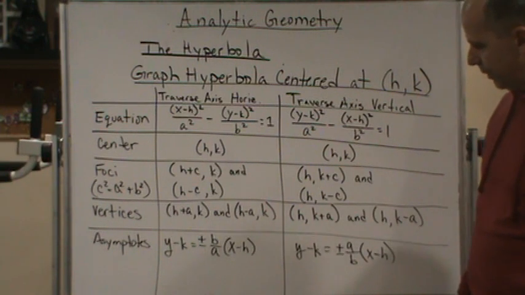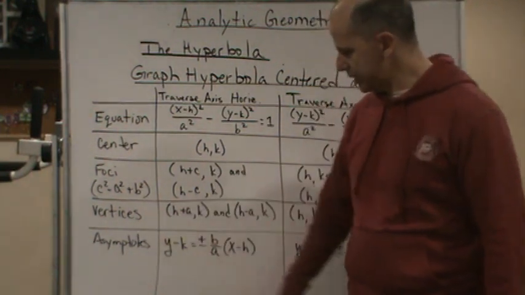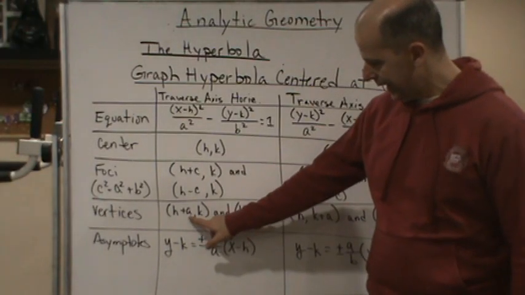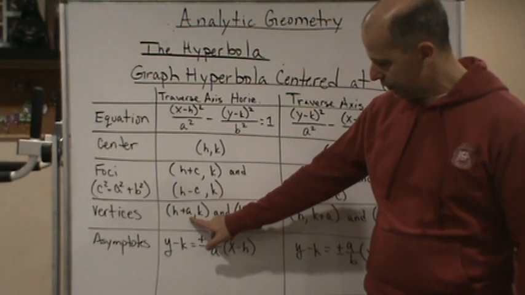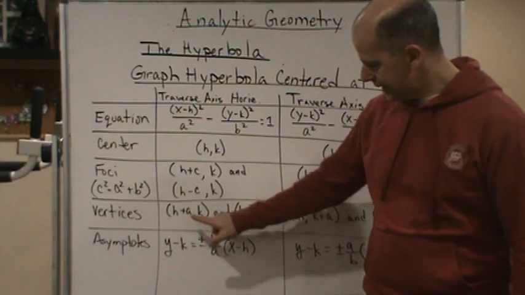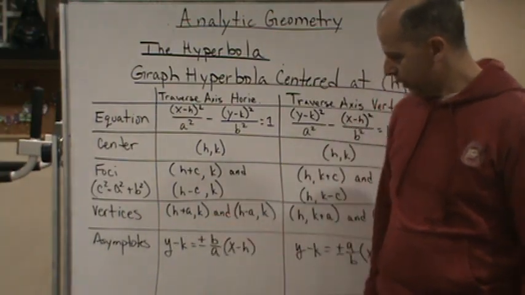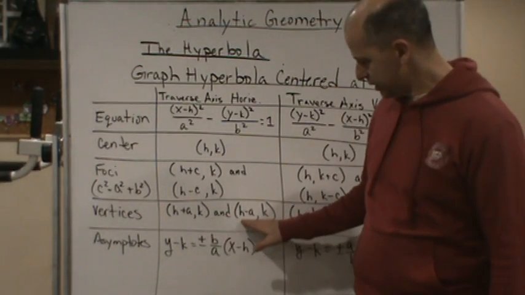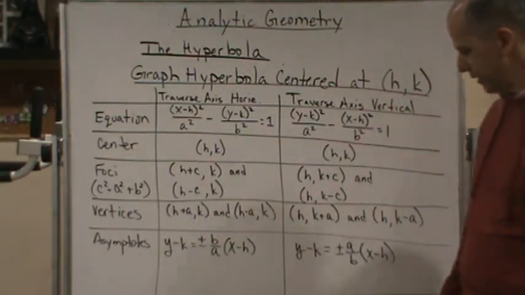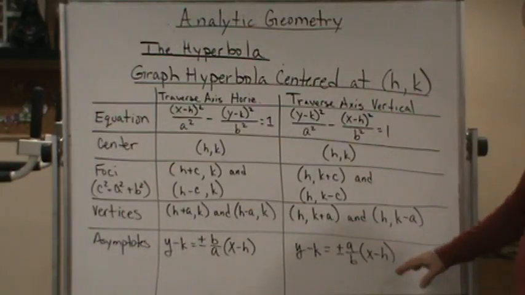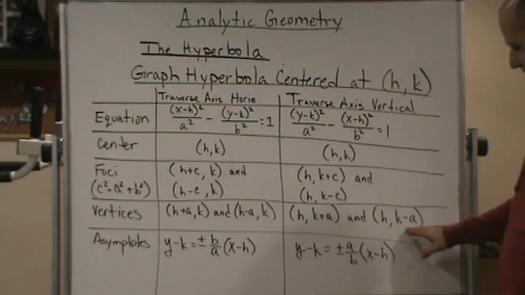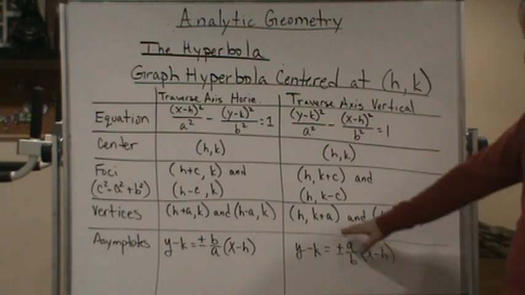Similarly with the vertices, it's all about a, the distance from the center. So we add and subtract a from the x coordinate, which is h, and if it's going in the vertical direction, we add and subtract a to the y coordinate, which is k.